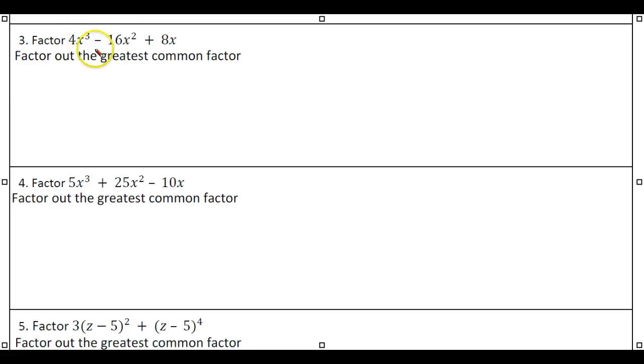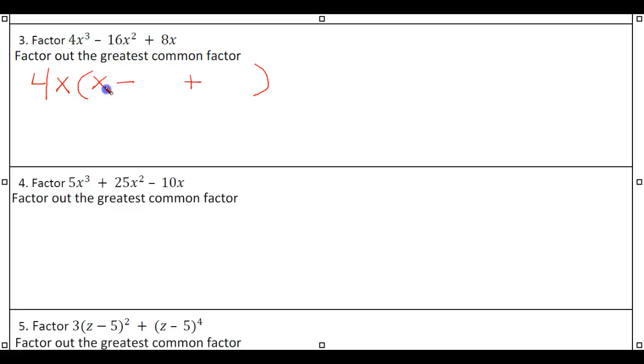As we continue here, we have 3 terms. Put in our signs. Now in terms of the number, 4, 16, 8, we can take a 4 out of each term, and the letter that we can take out of each term, x.